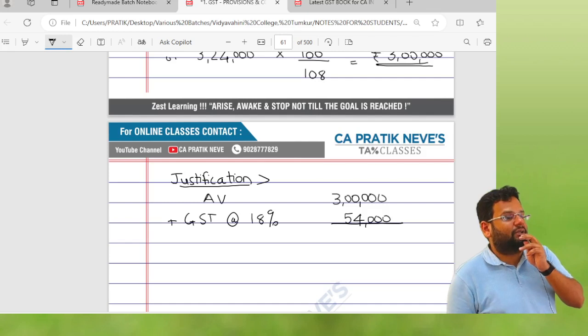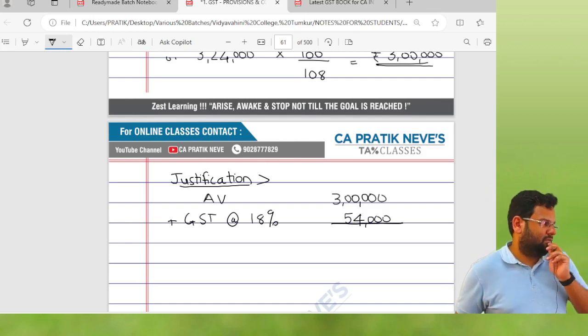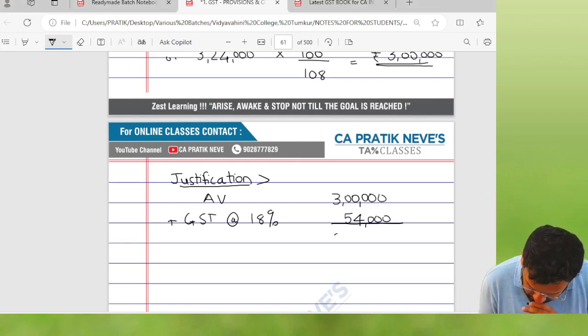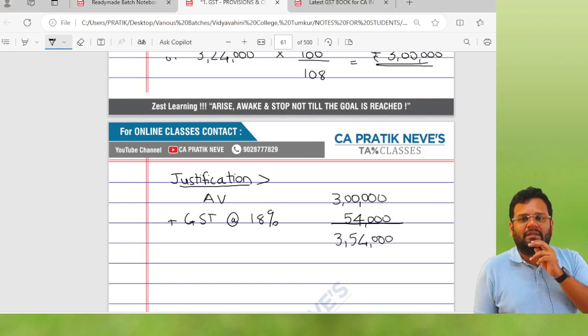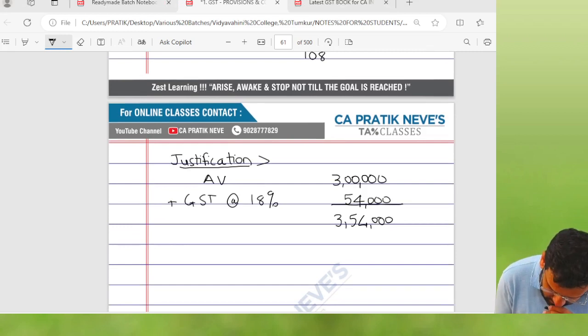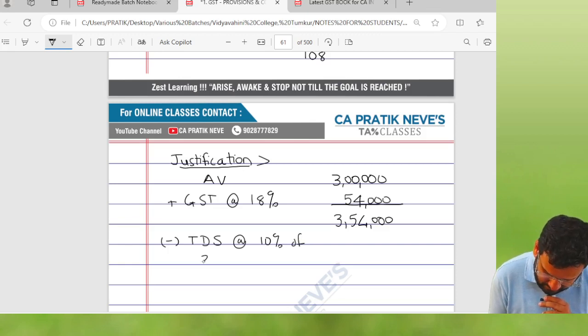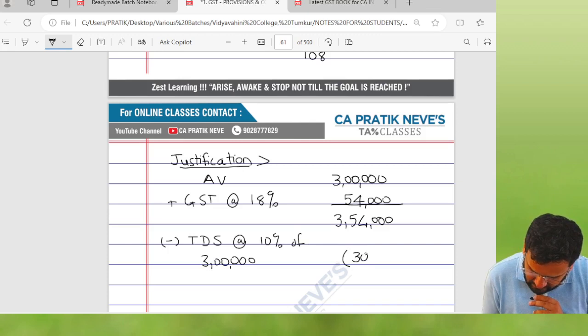So how much actually your customer had to pay you? 3,54,000. But Income Tax Act has asked him to deduct TDS at 10% of 3 lakhs. So TDS at 10% of 3 lakh is 30,000.